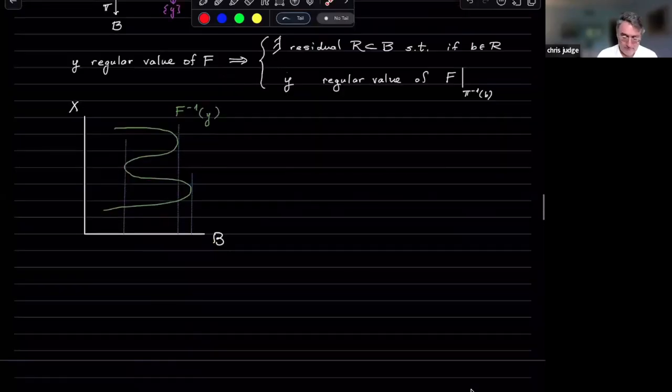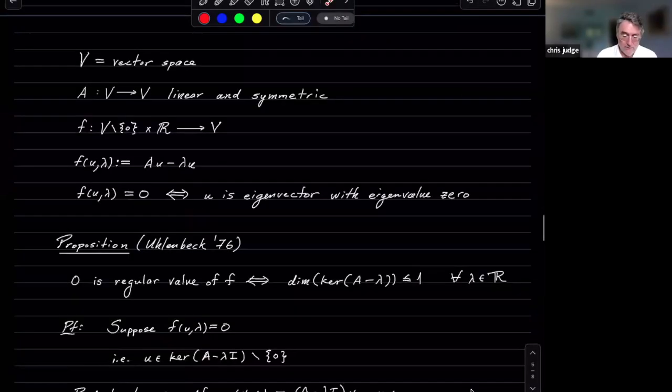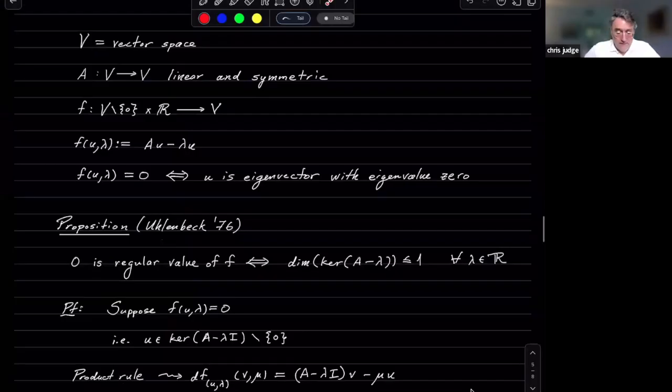Okay. So now let's move into Uhlenbeck's application. Now V is a vector space, and let's just start without any parameters, just like we did in the beginning. Now we have a linear map from a vector space to a vector space, and I'm assuming it's a symmetric matrix, or if you like, a self-adjoint operator.